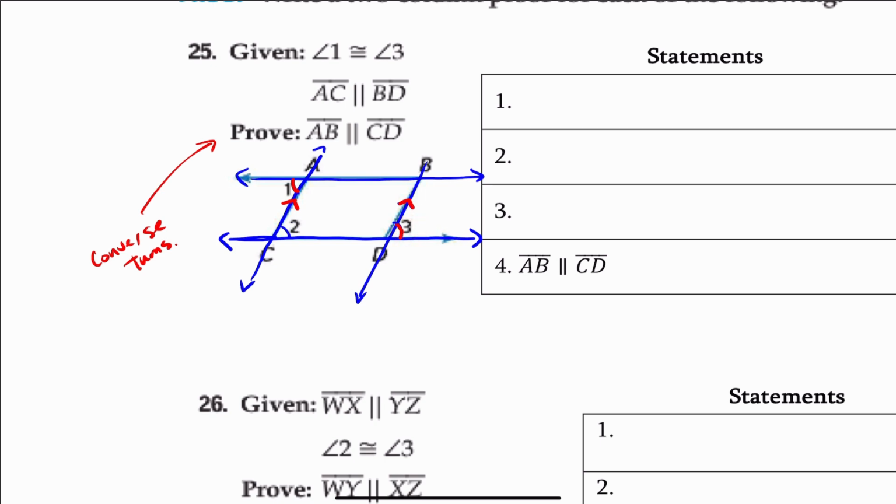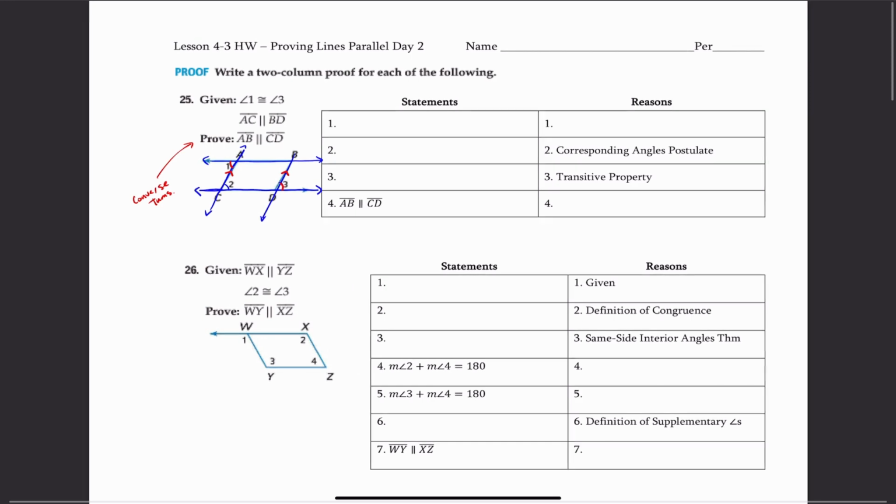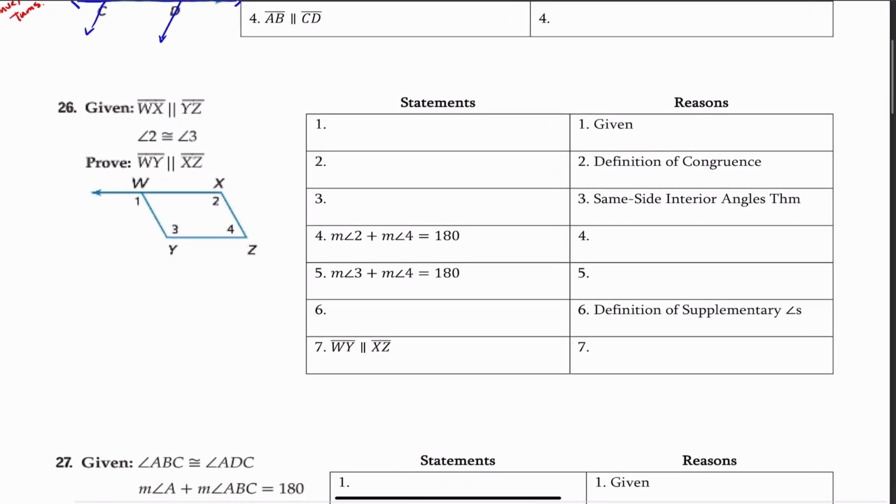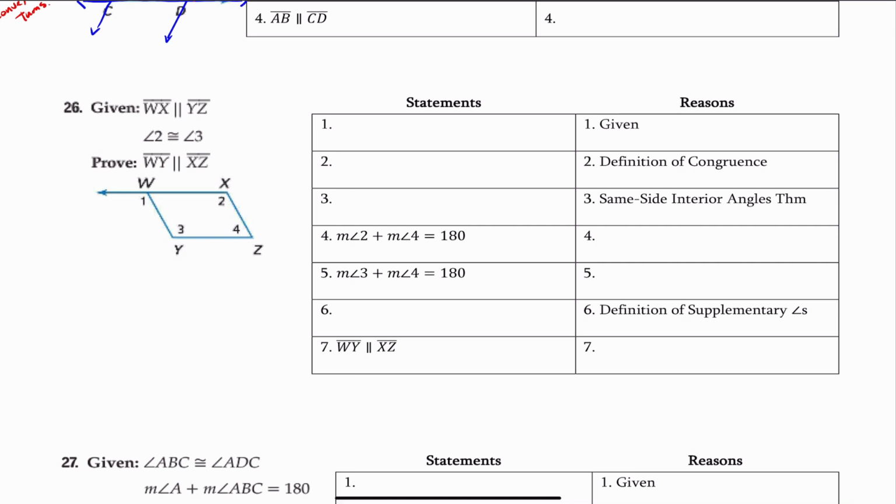Okay? And by the way, I didn't mean to put 2 tick marks here. Angle 2 is definitely congruent to angle 3 in this case. So if you can figure out why they are congruent, then you have an idea on how to do this proof. Okay? Alright.